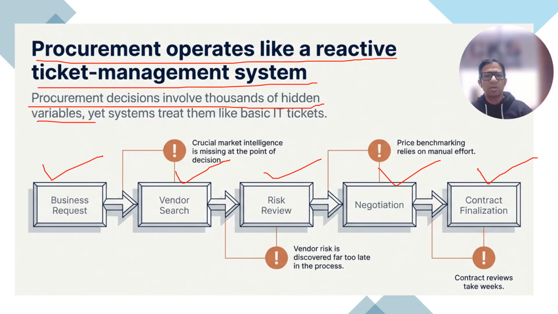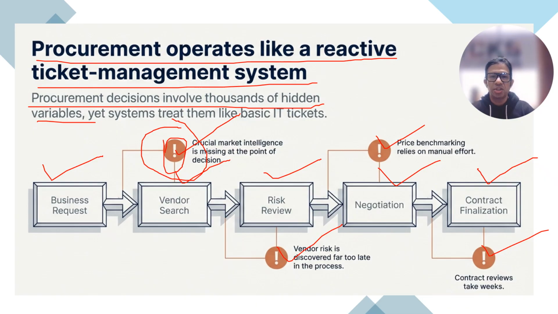Now watch what the orange warning signs are telling us. These are the real bottlenecks. First warning: crucial market intelligence is missing at the point of decision.